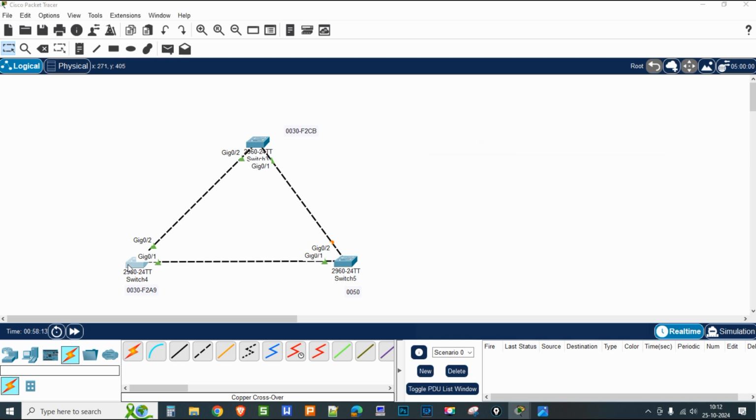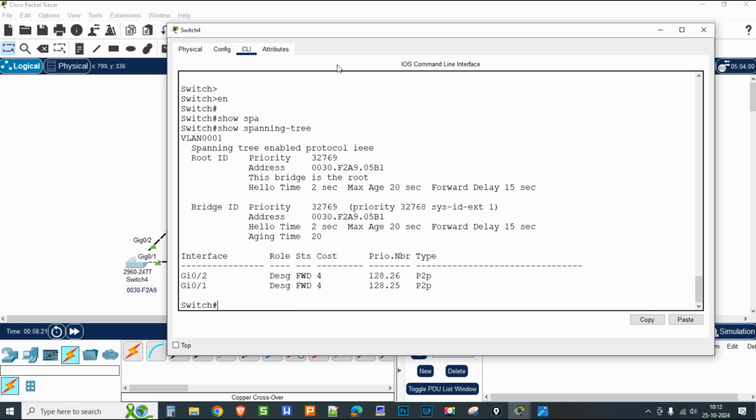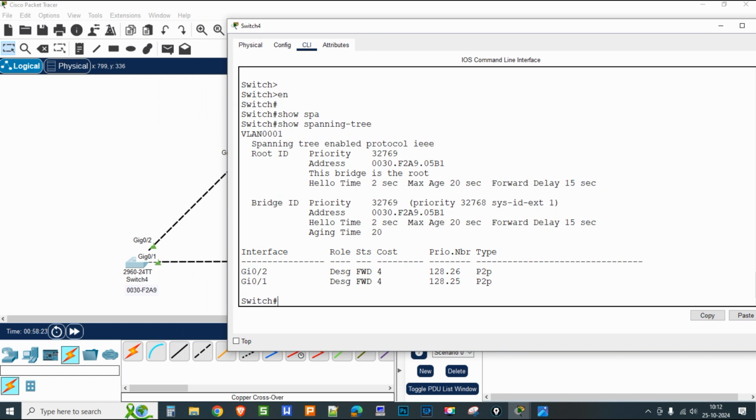Let's take the table to see how the spanning tree is calculated. Here, this bridge is the root bridge. It has the lowest MAC address, so that's why it became the root bridge.